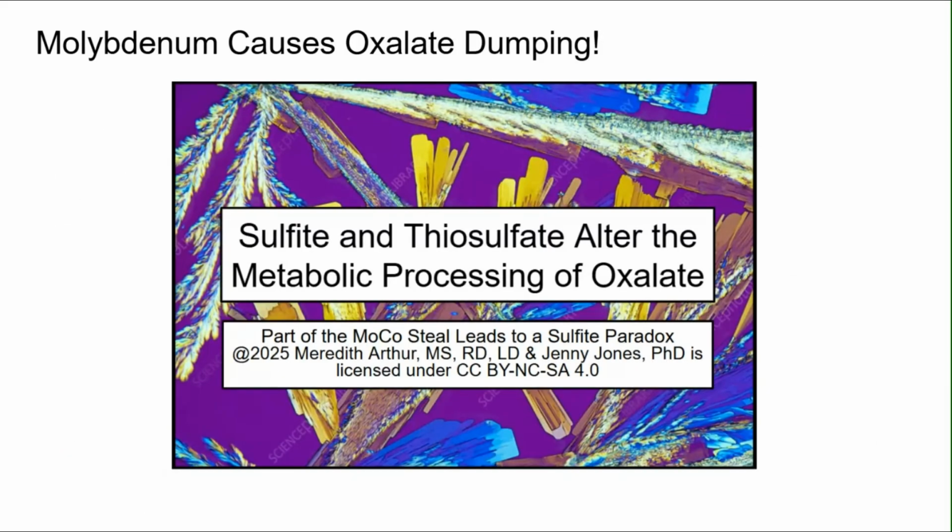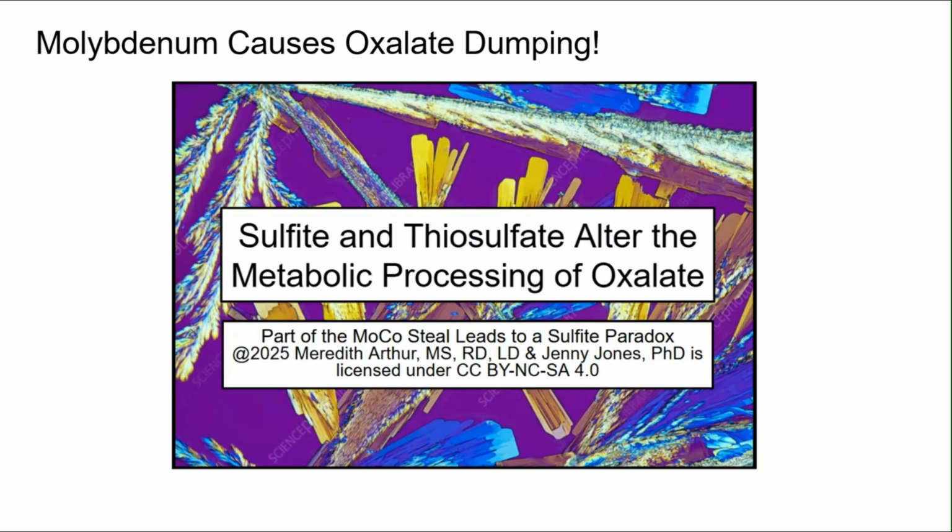Another possible side effect of increasing molybdenum could be an oxalate dump. If molybdenum is the only factor preventing you from making enough MoCo to be able to support sulfite oxidase and the metabolism of sulfite, as soon as you increase your molybdenum, you might notice that you have an oxalate dump. And this is something that Jenny noticed. So between the two of us, we worked pretty hard on figuring out what was going on with oxalate dumping.